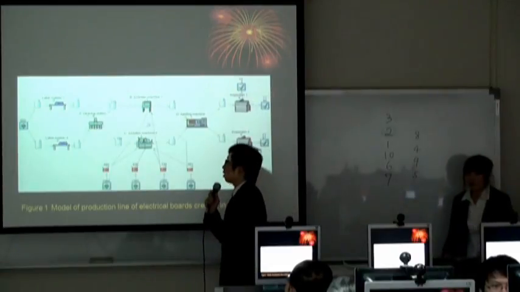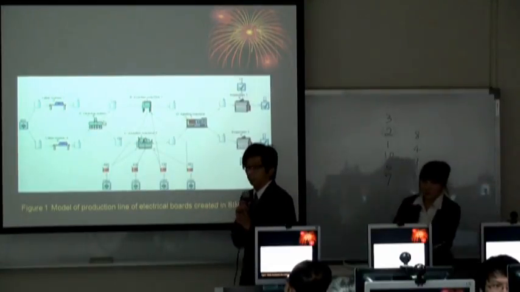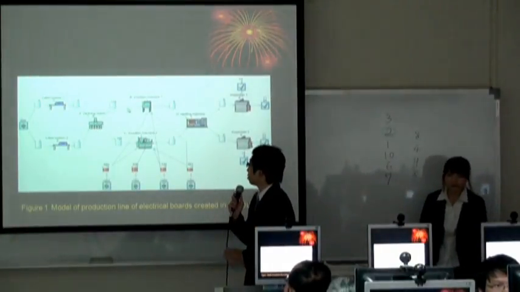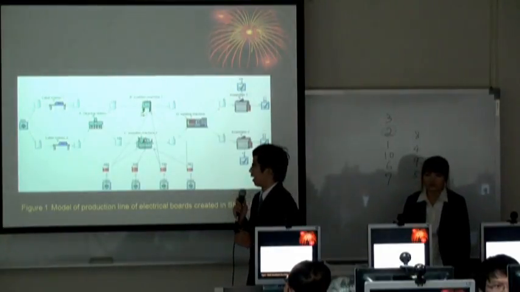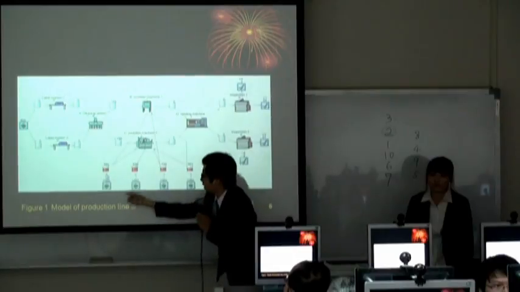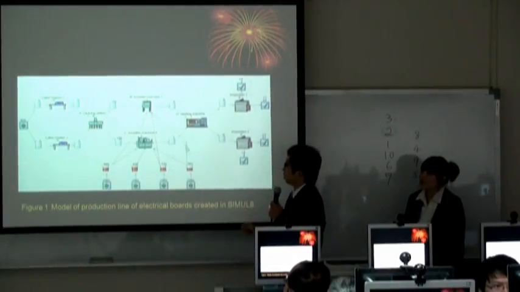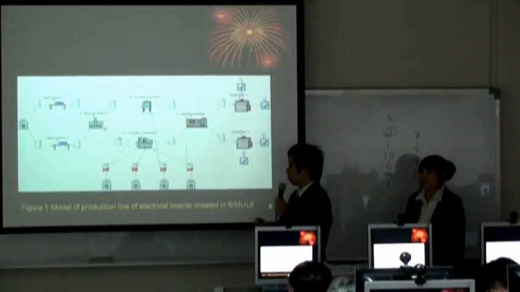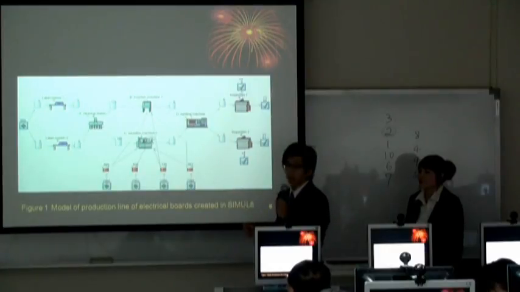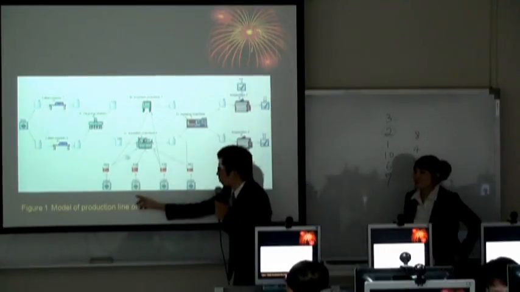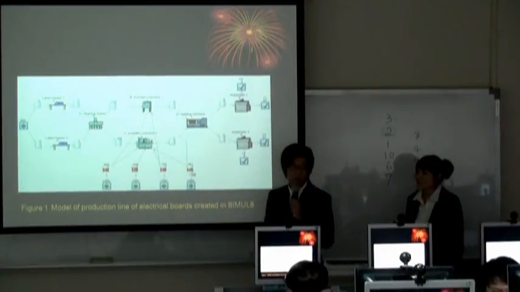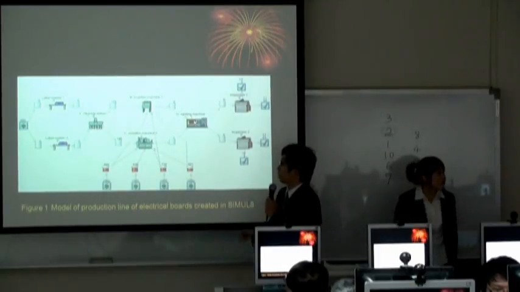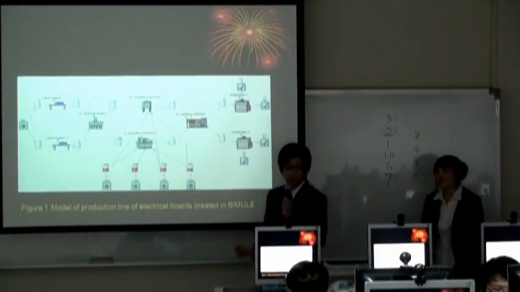At the cleaning stage, type 1 and type 2 are sent to the same cleaning machine A. After cleaning, type 1 is sent to insertion machine B, and 3 electrical components are installed on type 1. Similarly, type 2 is sent to insertion machine C, and the 4 electrical components are assembled on type 2. After insertion, type 1 and type 2 are sent to the same welding machine D.